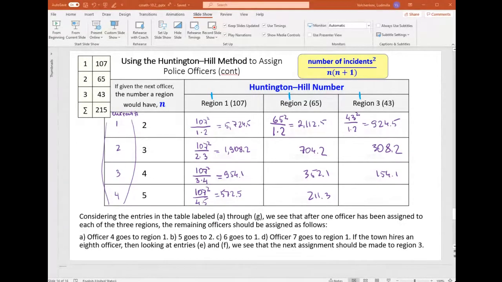Who gets the 4th representative? Region 1, Region 2, or Region 3? What region will get the 4th representative? You must look at the Huntington Hill numbers. The region with the greatest HH number must get the representative. So we have 5,700, 2,100, and 900. So who gets the next representative?